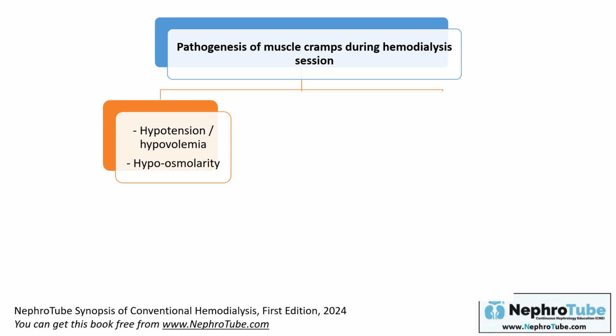Also, if you are using low dialysate sodium, this will cause shift of sodium from the blood to the dialysate, causing also hypoosmolarity. Whatever the cause of hypoosmolarity, there is evidence that this hypoosmolarity will cause muscle cramps independently of hypotension or volume depletion.